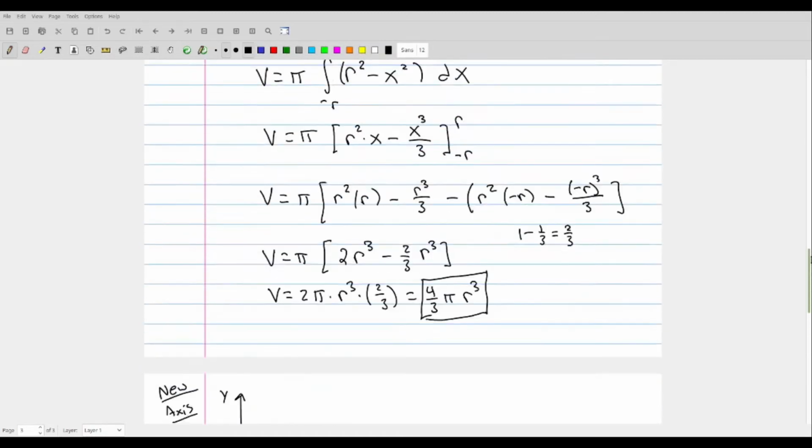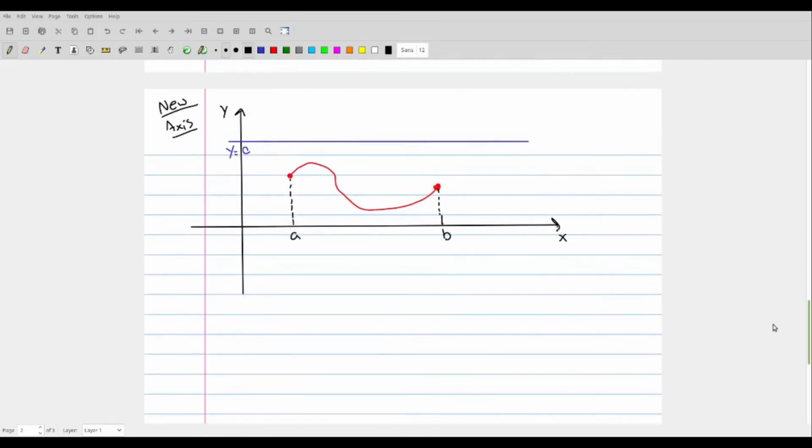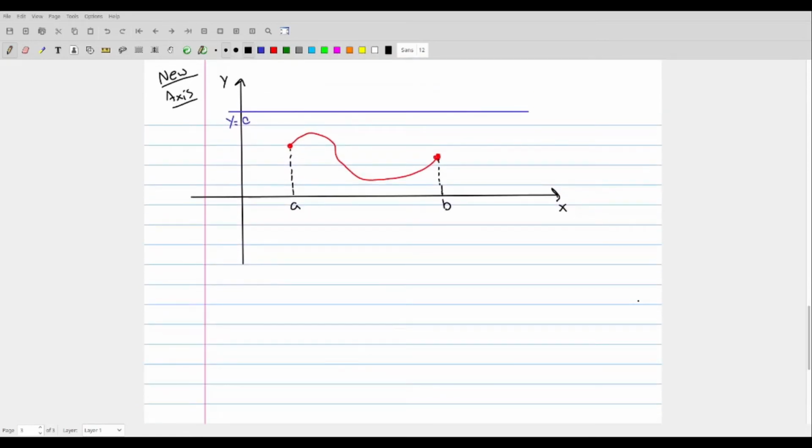Well, if this is our old formula for revolving around the x-axis, we can actually change it just a little bit. Essentially, revolving it around the line y equals c changes it only a little bit. It's like doing, in some sense, a coordinate transformation where you shift everything up, and you want the new formula when you shift up by c. And when you end up doing that, the formula that you end up getting is very, very similar to the other formula.